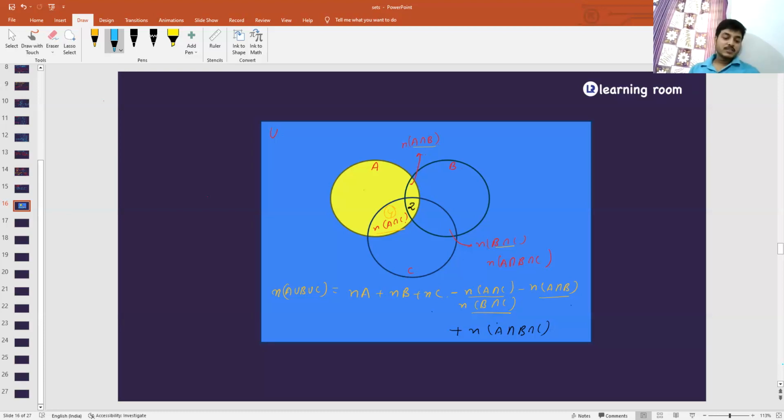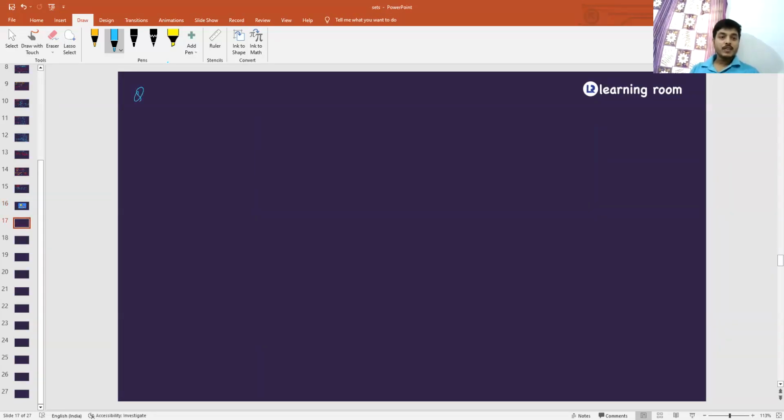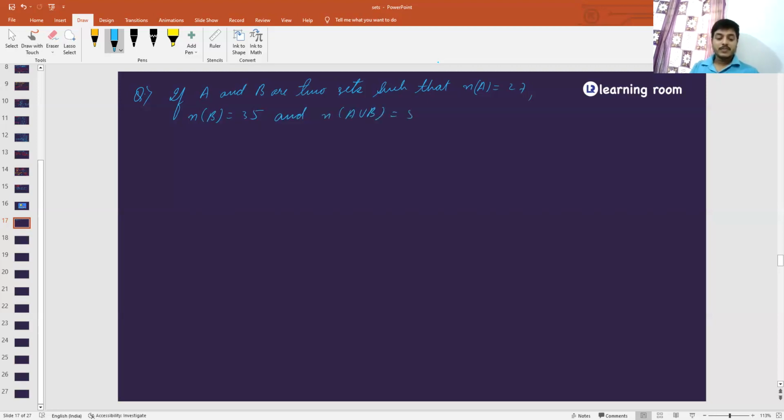Now let us move to solving questions. The question goes like, A and B are two sets such that number of elements in A is 27, n(B) is 35, and n(A union B) is 50.